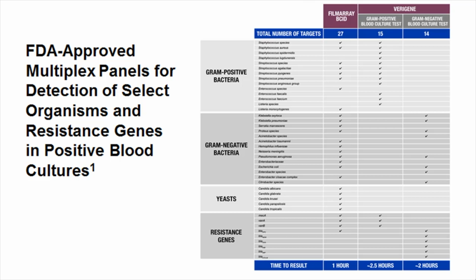There are now 3 FDA-approved or cleared multiplex assays that simultaneously detect a number of microorganisms as well as select resistance genes from positive blood culture bottles.